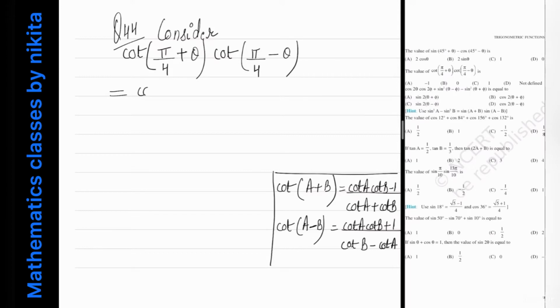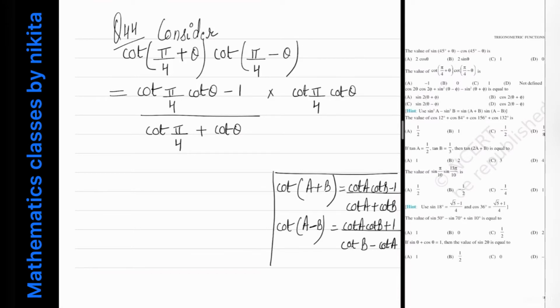So now just apply the formula. So we will get cot of pi by 4 into cot theta minus 1 divided by cot of pi by 4 plus cot theta. So this multiplied by cot of pi by 4 into cot theta plus 1 divided by cot theta minus cot pi by 4.